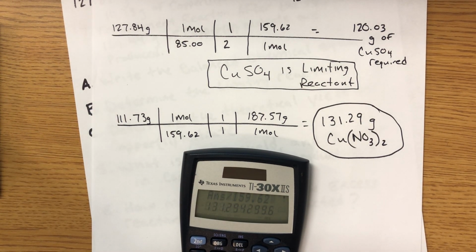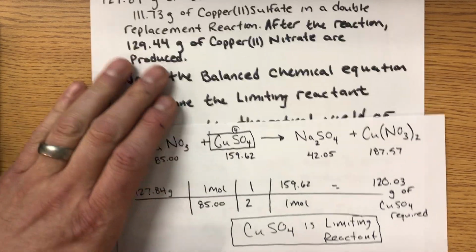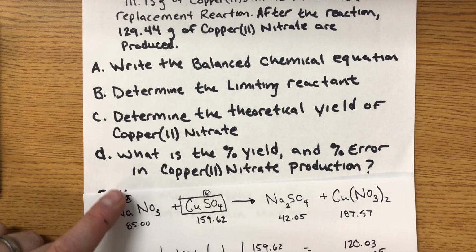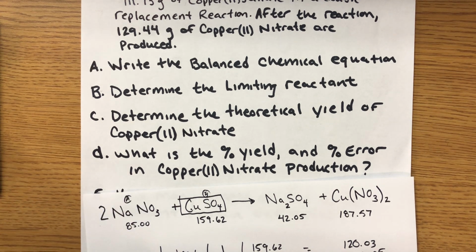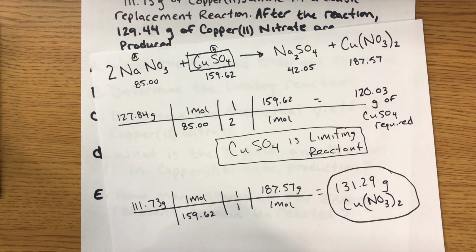The theoretical yield is going to be used against the actual yield from the problem to solve the next portion, step D: what is the percent yield and the percent error in copper 2 nitrate production. Let's do the yield first. Remember that percent yield is the actual over the theoretical times 100.